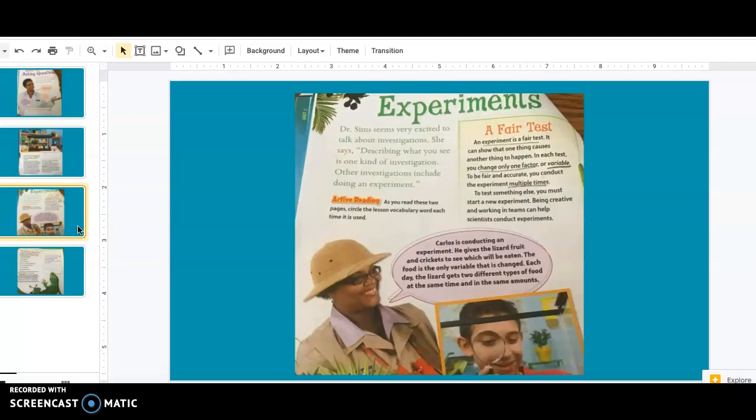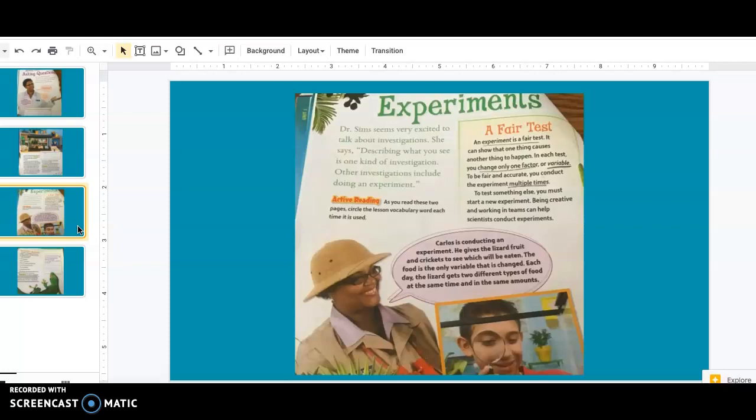Okay, so make sure you underline that part of the sentence. And then if you go down to the next sentence, underline the part that says, change only one factor or variable. Variable is when you change one thing in your experiment. That's another important thing to know about the scientific method.